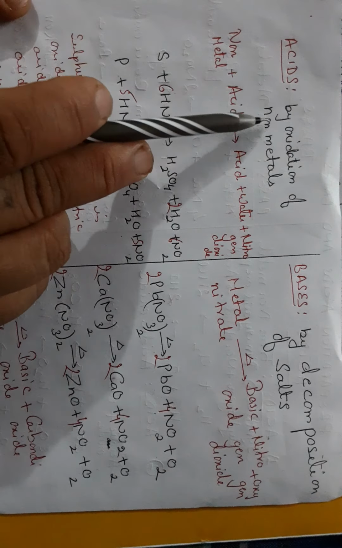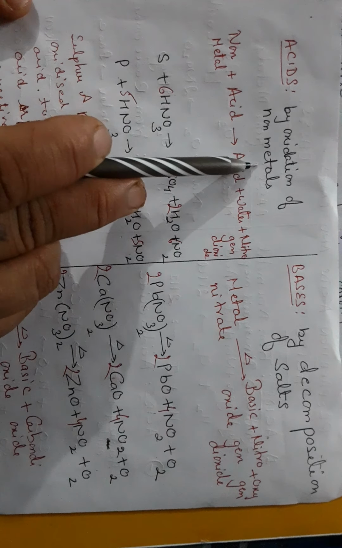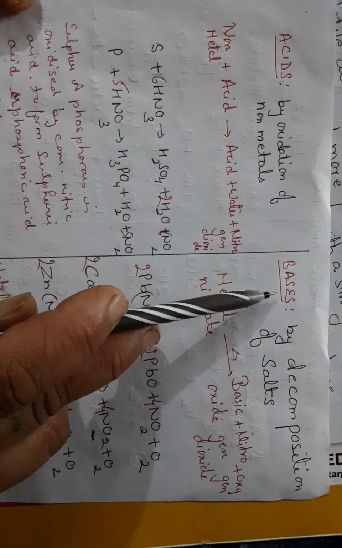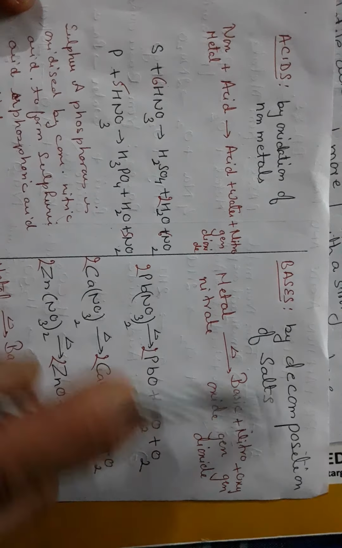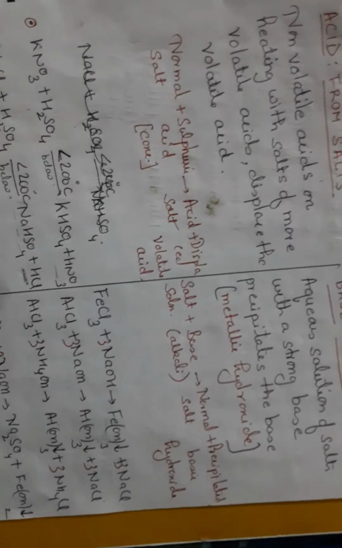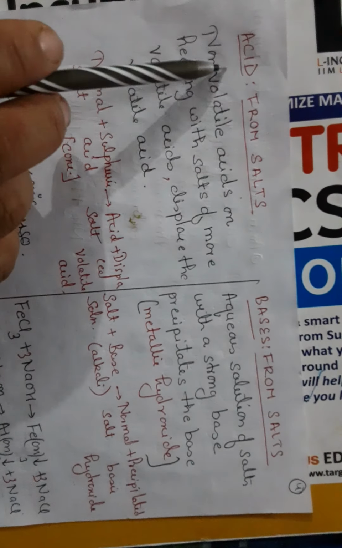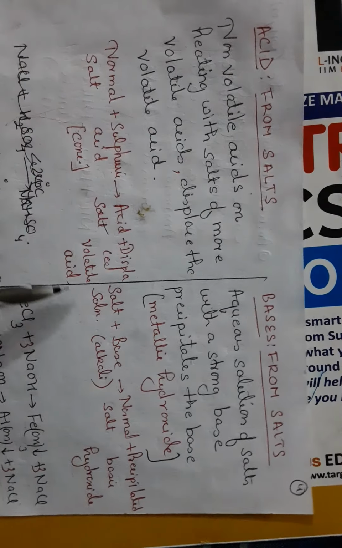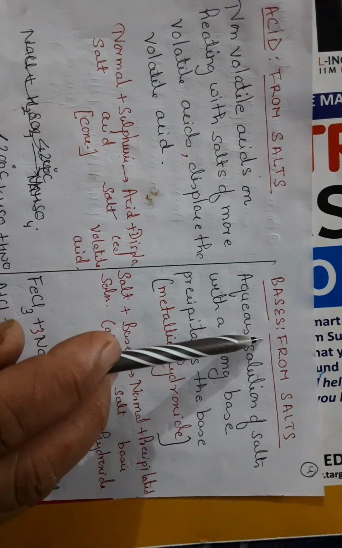Acids are prepared by oxidation of non-metals, and bases are prepared by the decomposition of salts, for example, metal nitrate and metal carbonate. Then we prepared acid from salts and bases from salt.